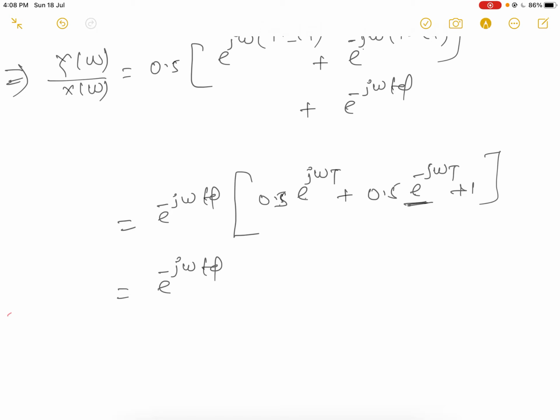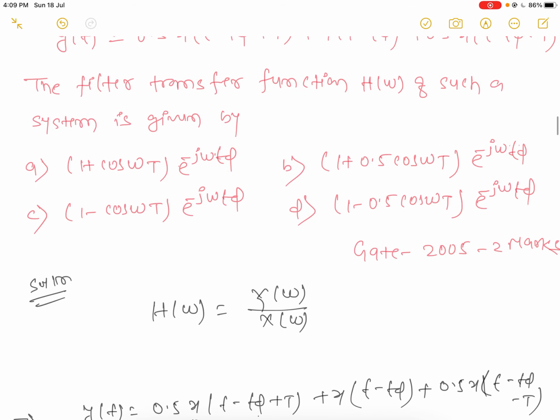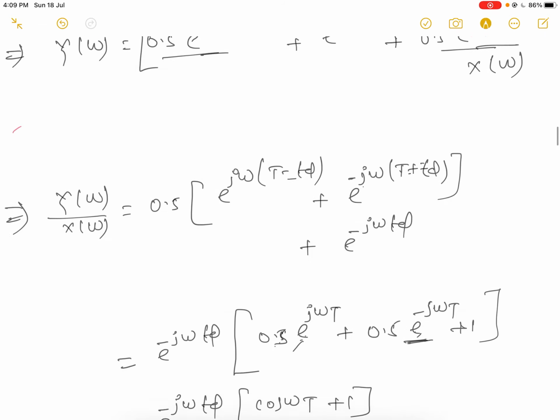Here is the 0.5 in front, and you will get cos omega T from both terms, 1 plus 1, this will be the right answer. So the option will be 1 plus cos omega T e to power minus j omega td, right answer will be option A.